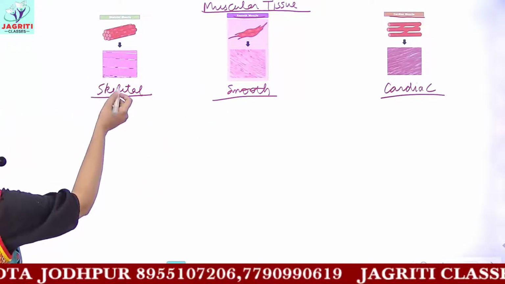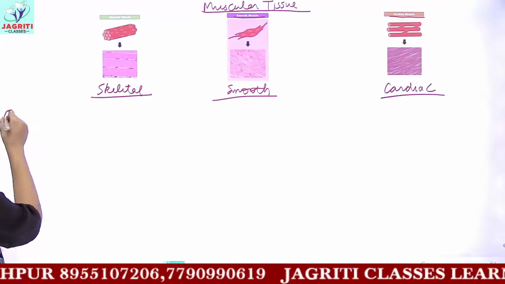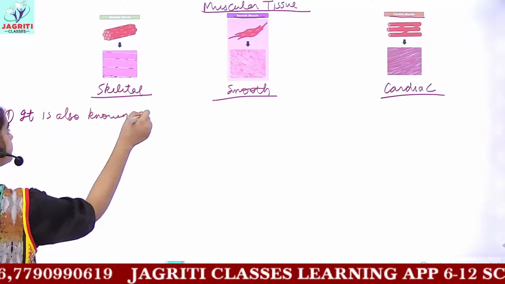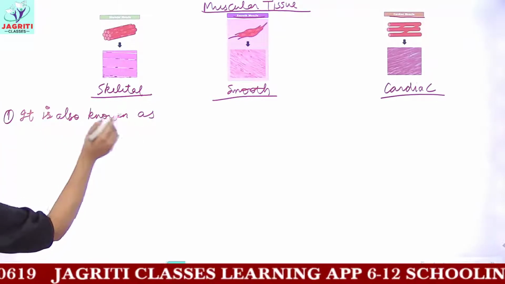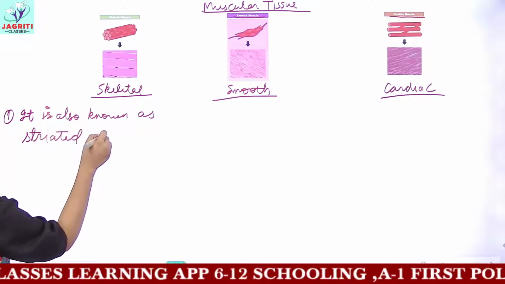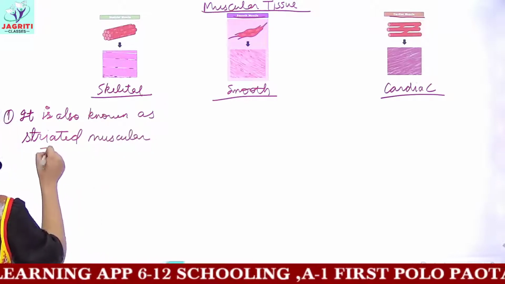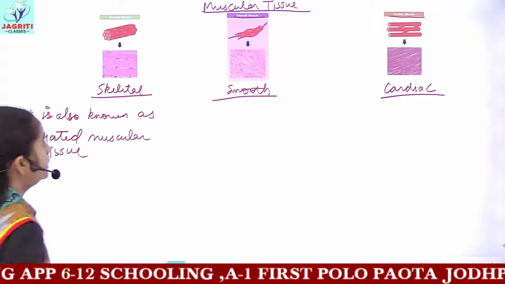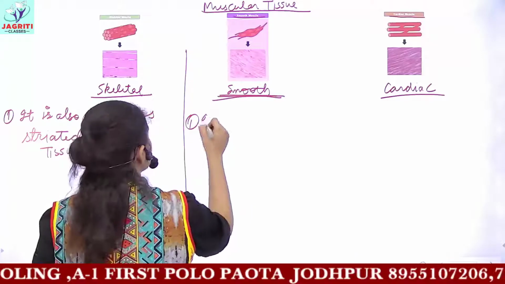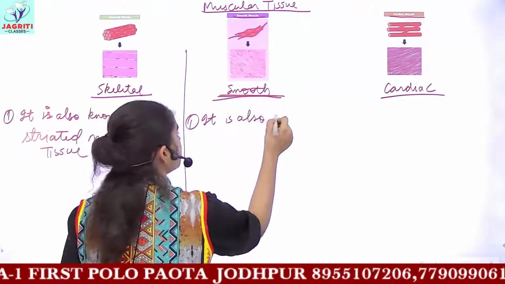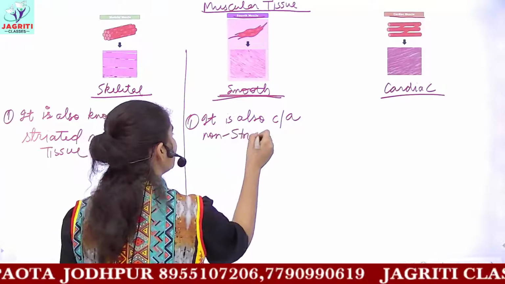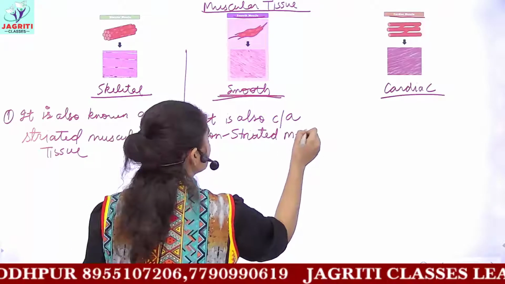Skeletal: this tissue is also known as striated muscular tissue. The next, smooth, is also called unstriated or non-striated muscular tissue.